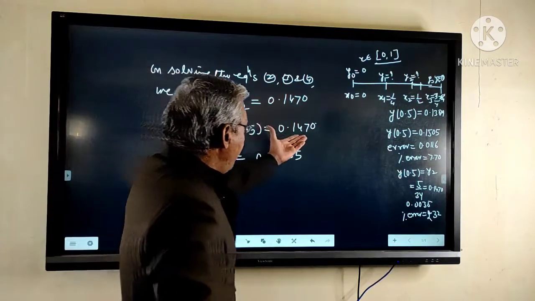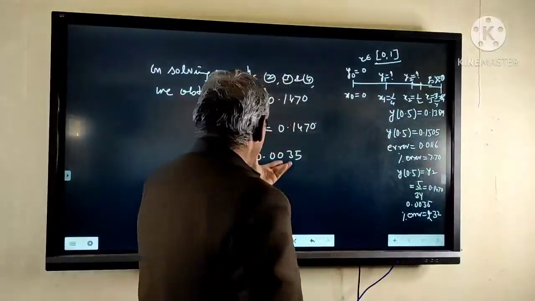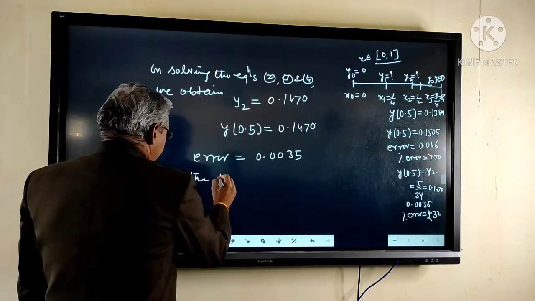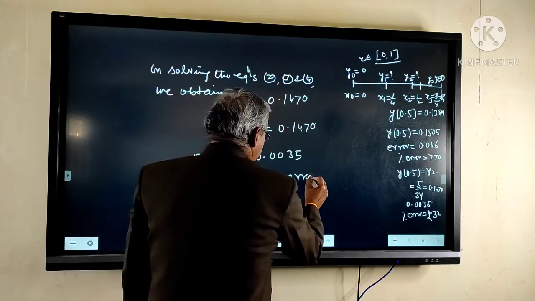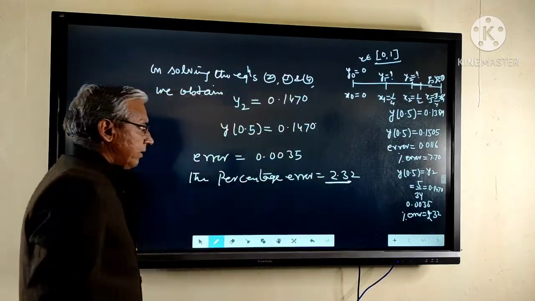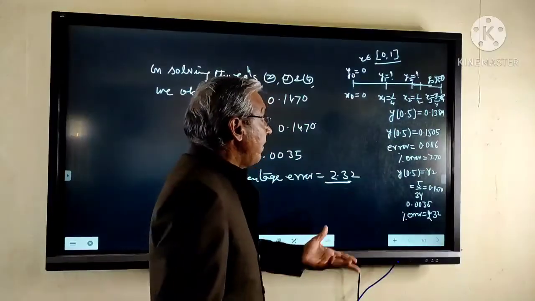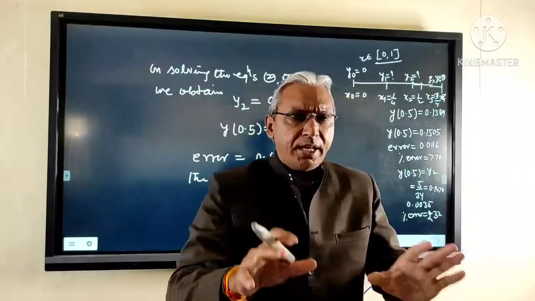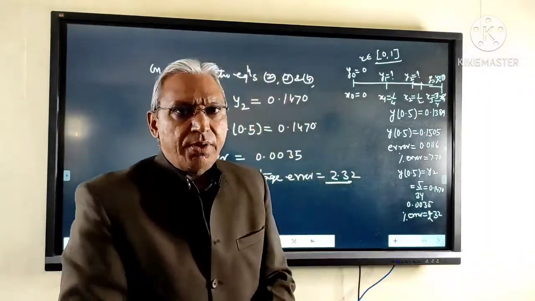If we compare this value with the exact value of y at x equal to 0.5, we find that the error is 0.0035, or the percentage error equals 2.32. So we have observed that if we take more mesh points, the error becomes minimized. Thank you. Have a nice day.